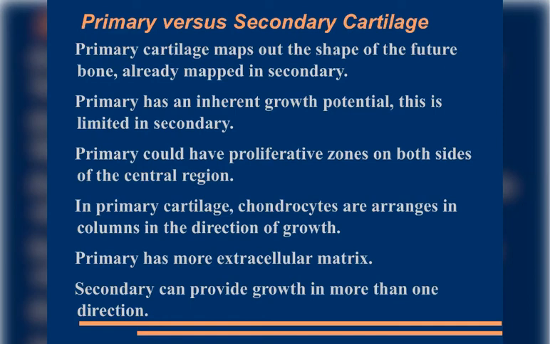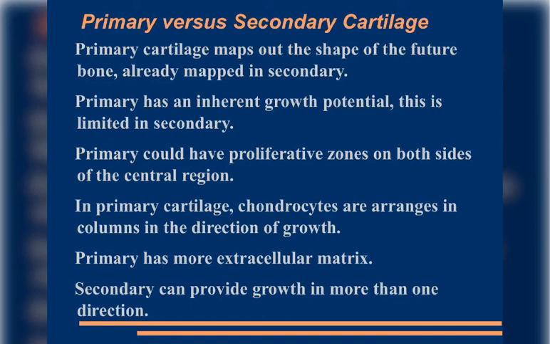Why? Because primary cartilages make bigger structures, like long bones, for example. So we need more abundance of extracellular matrix to make a bigger size structure.